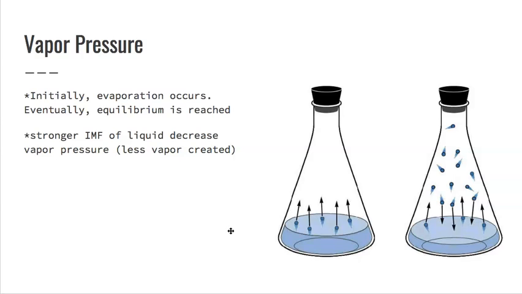Some of the molecules were moving fast enough and in the right direction to fly out of the liquid and as a gas then. The stronger the intermolecular forces, though, the harder that is to happen, which means that your vapor pressure will be decreased.